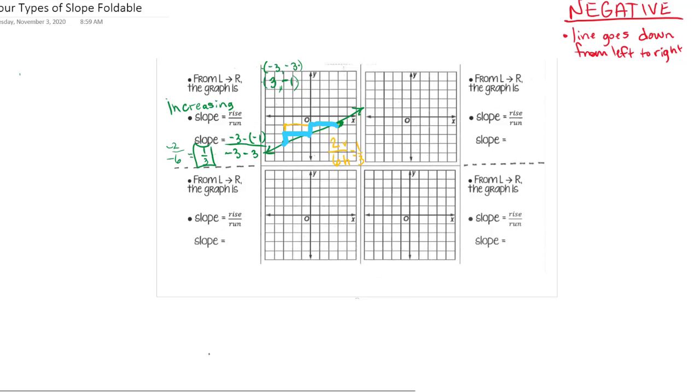Okay, so notice here with this green line that I drew over here, it's increasing from left to right. It's going uphill from left to right. So then, conversely, with negative, that will be going down the hill from left to right.